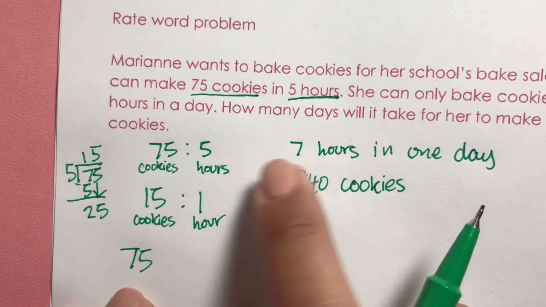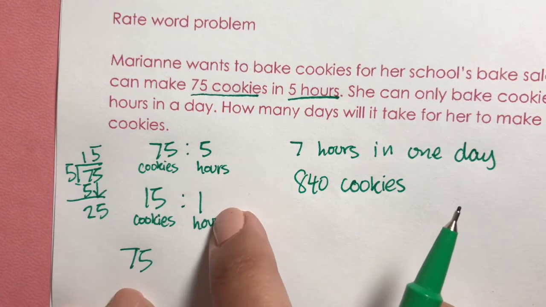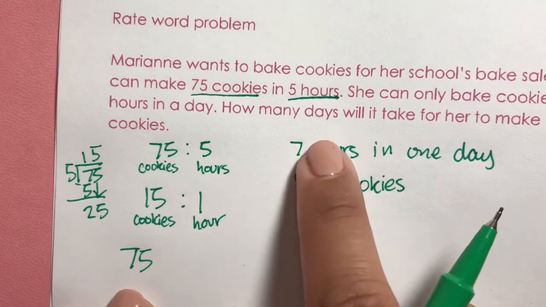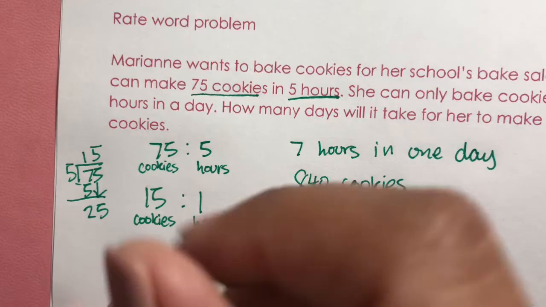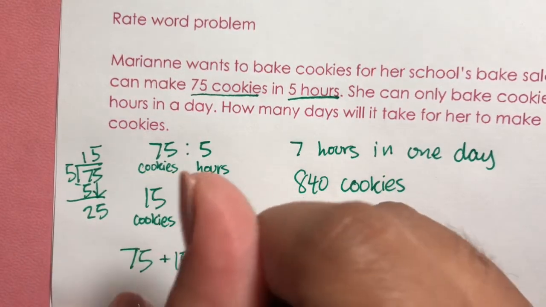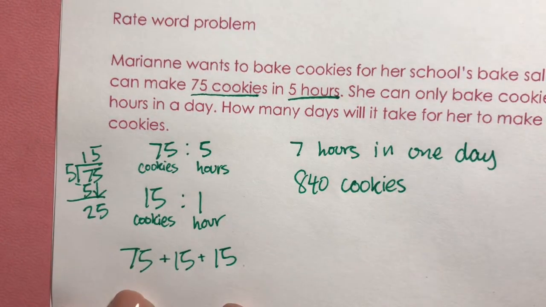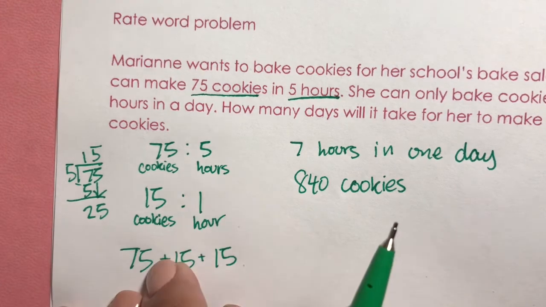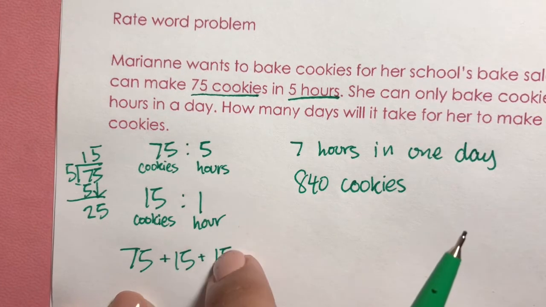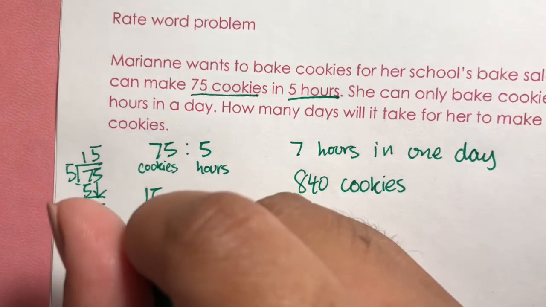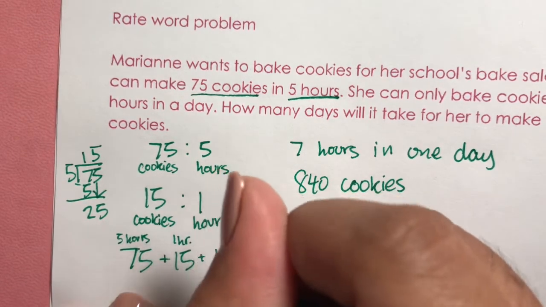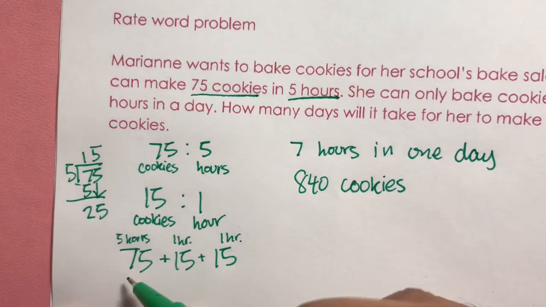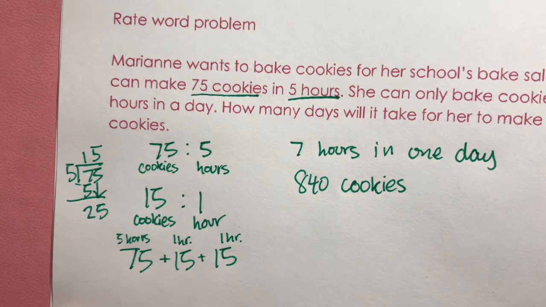So we need 2 more hours, because 5 plus 2 equals 7. If she can bake 15 cookies in 1 hour, we just add that twice: the 5 hours are our 75 cookies, and then 1 hour, and 1 hour. Altogether, this is how many cookies she can bake in 7 hours.